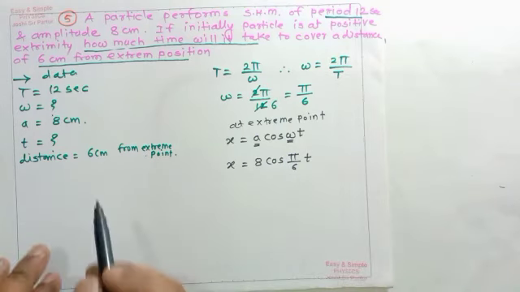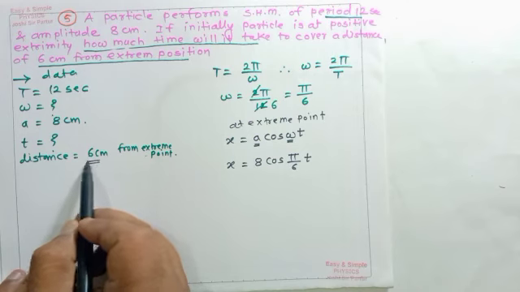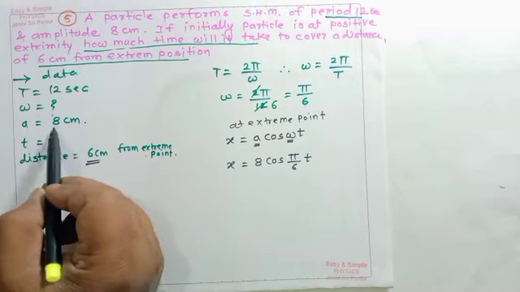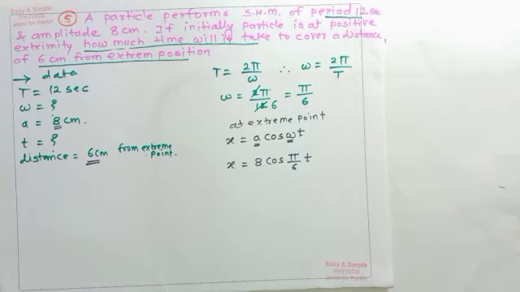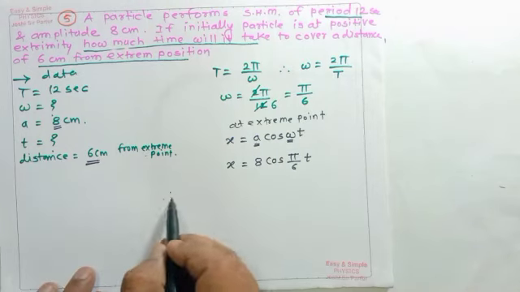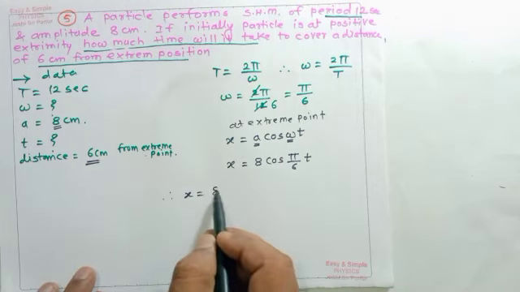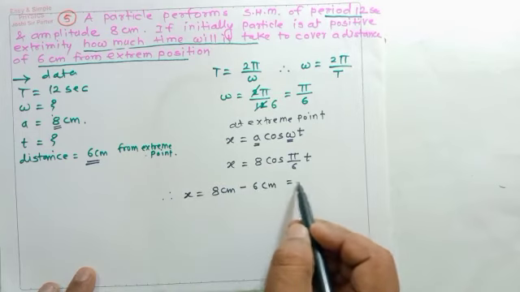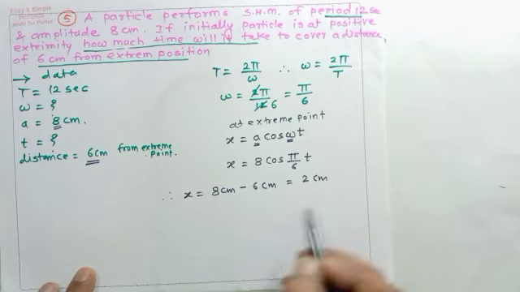And here the distance is given, 6 centimeter from extreme point, and the maximum distance will be 8 centimeter from mean position. Therefore x is equal to 8 centimeter minus 6 centimeter is equal to 2 centimeter.